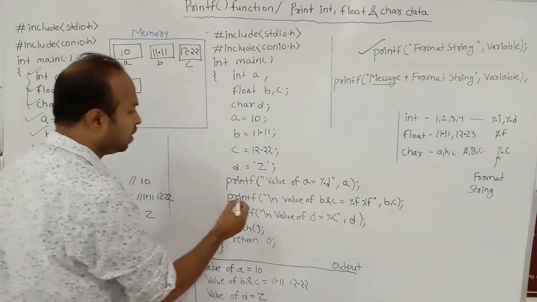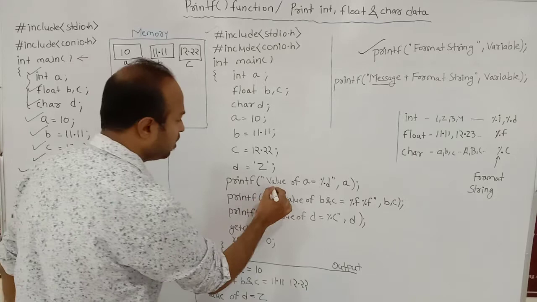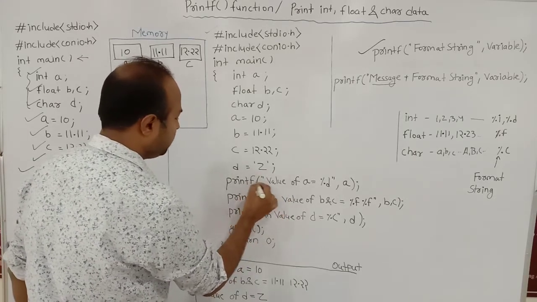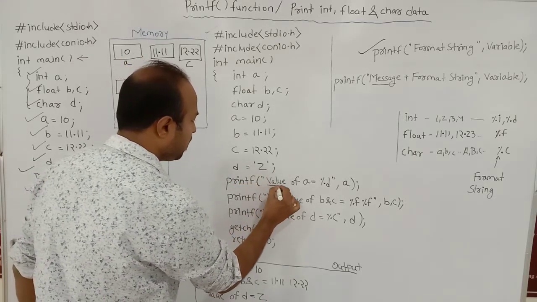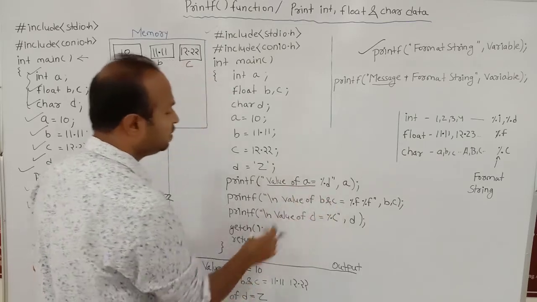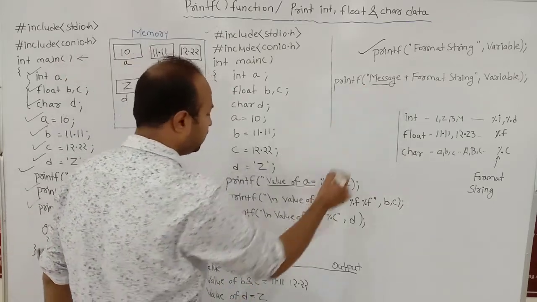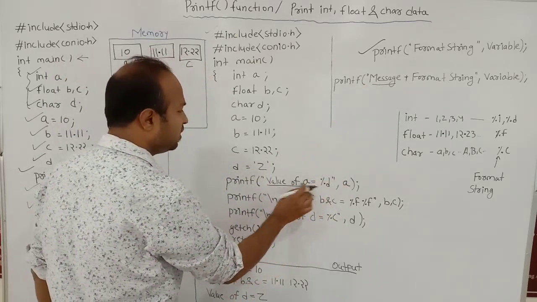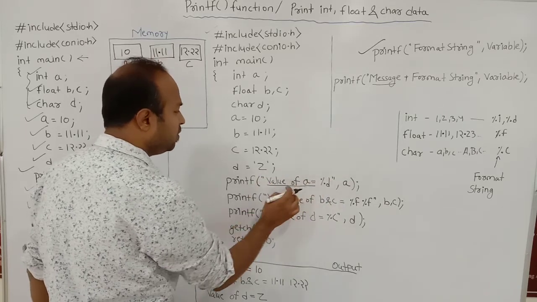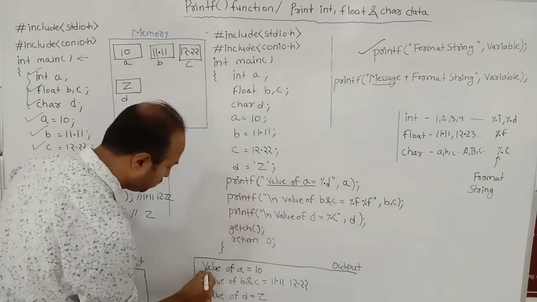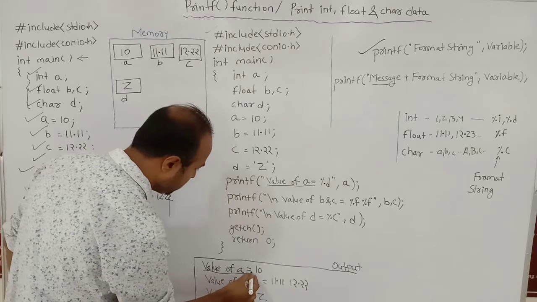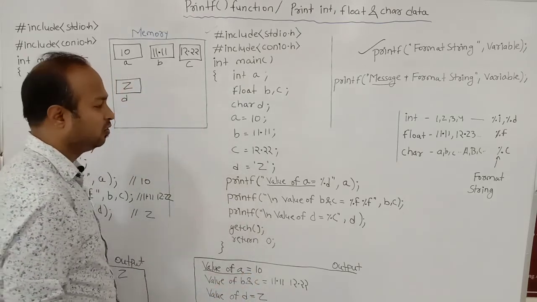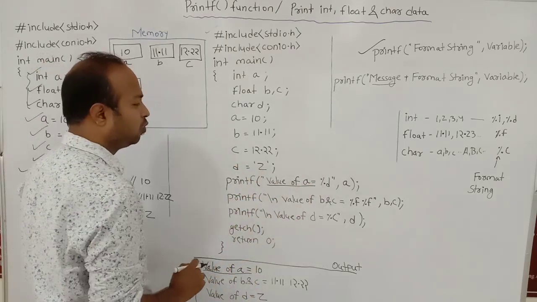You can check. We will start from here. Within the printf we have written "value of a equals to". This is our message. This message is written within double quotes, which means it will be printed as it is.